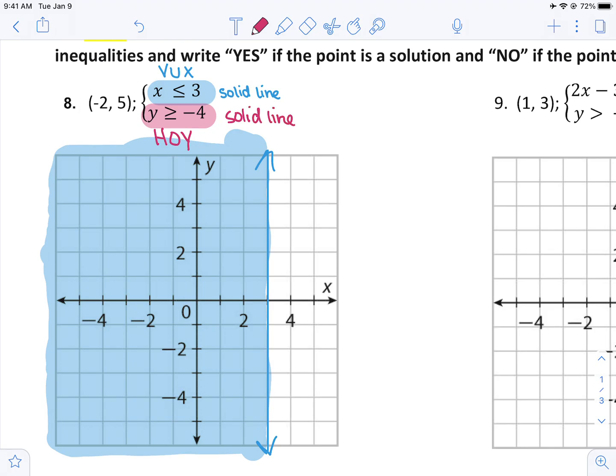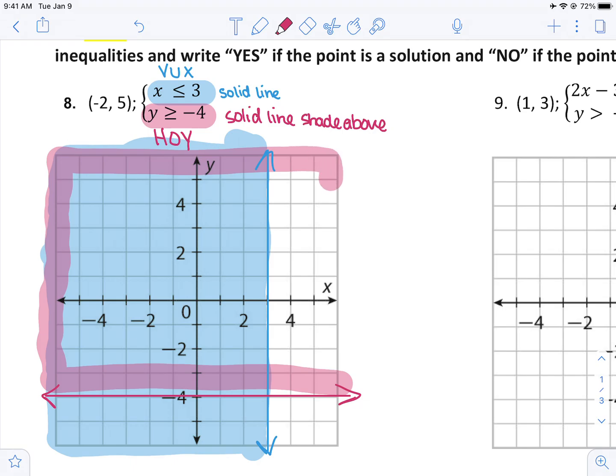So -4 horizontal line, so that line's going to look like this. And I want to shade, it's opening up towards the y, so we're going to shade above, or where the y values are greater than -4. So it's going to be this whole entire area right here.